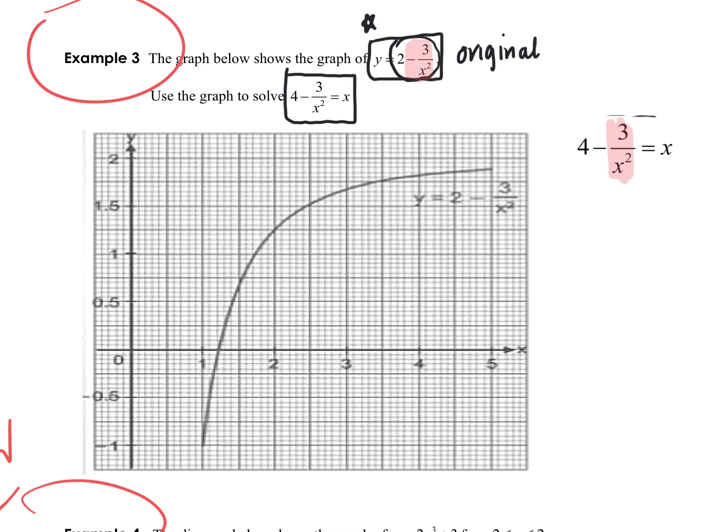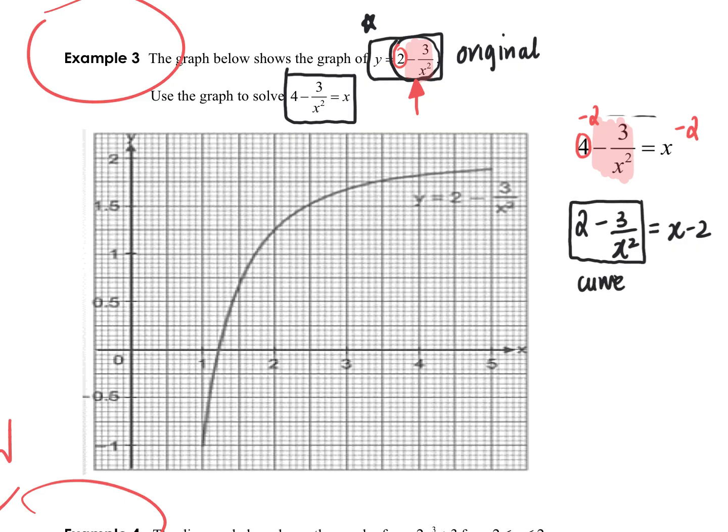I will keep it here. There's only 4 that is not supposed to be there. So what should I minus on both sides? I want to make the left hand side of the equation equal to my original. Now I have a 2 here. This is a 4. So I need to make sure this is 2. So I subtract 2 on both sides first. You will end up having the left hand side looking like this, which is your original curve. Can you see this is your original curve? It's exactly this one.